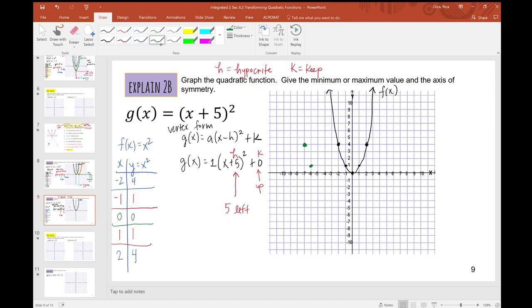Take the vertex, move it 5 units to the left. 1, 2, 3, 4, 5. (1, 1), move that 5 units to the left. 1, 2, 3, 4, 5. Take (2, 4) and move that 5 units to the left. 1, 2, 3, 4, 5. Draw the parabola.